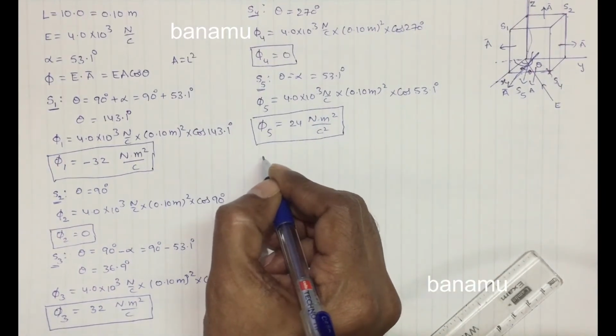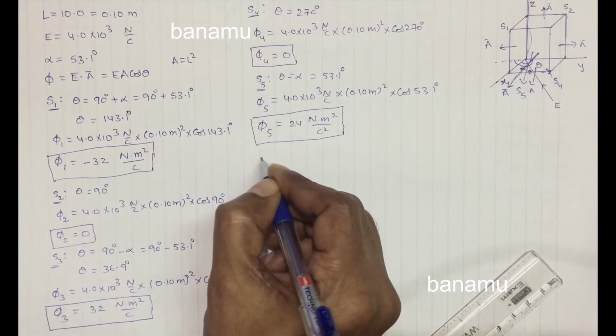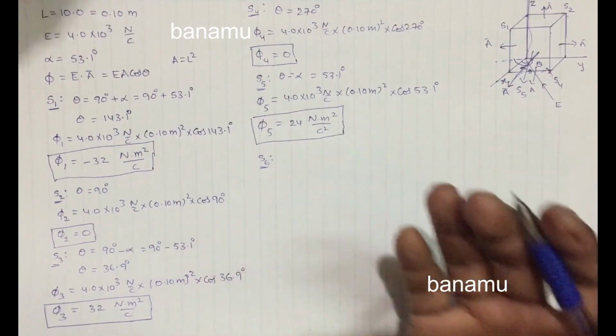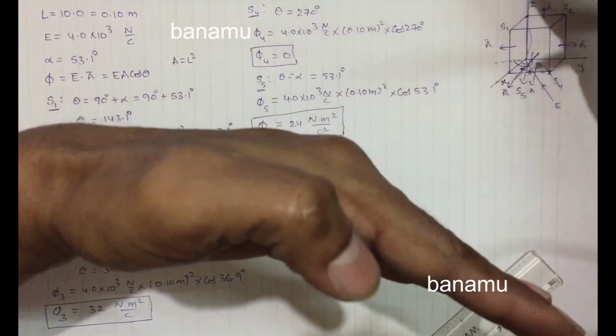Now the electric flux at the surface S6. The surface S6 is the back side of the cube.